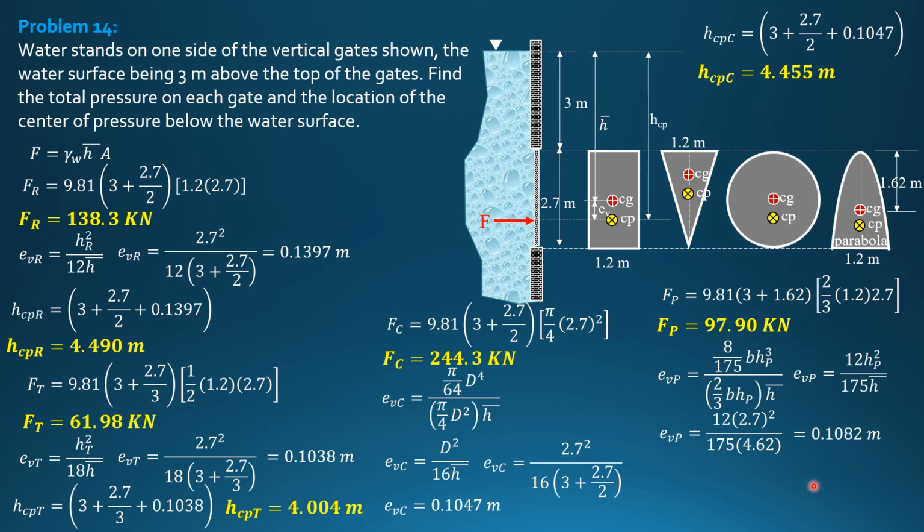So it is 0.1082 meters. So finally, H sub Cp of parabola is equal to 4.62 plus 0.1082. So H sub Cp of parabola is 4.728 meters.